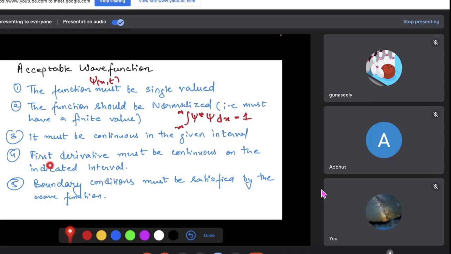When we are talking about the derivative, the derivative of any function mathematically gives me the tangent at a particular x. So for any given wave function, at any particular value of x, there should be only one direction or tangent, such that the first derivative is continuous.